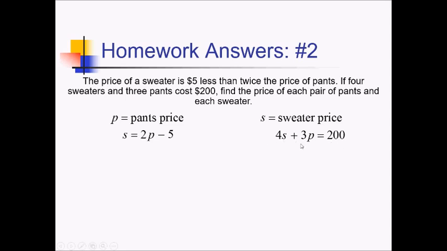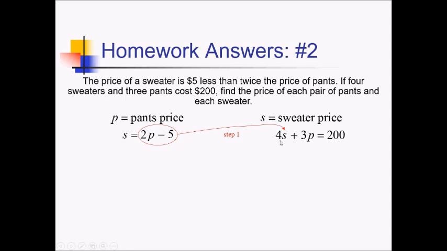Now we just have to solve this system using substitution or elimination. And either one will work, but because we already have S isolated in this first equation, I'm thinking substitution is going to be a faster way to do this one. So I'm going to substitute 2P minus 5 for the S over in this second equation.